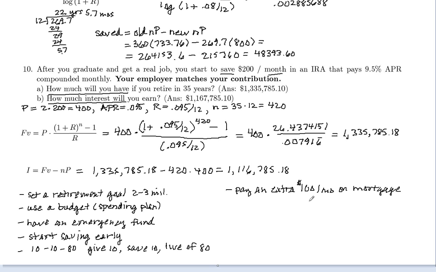Or this could be a student loan or credit card or something like that. The idea is just don't make the minimum payment, because you're going to get charged all the extra interest.